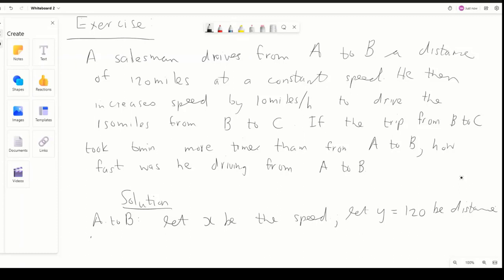This is for A to B. Let X be the speed for A to B, and let Y equal to 120 miles be the distance, right? He then increases the speed.